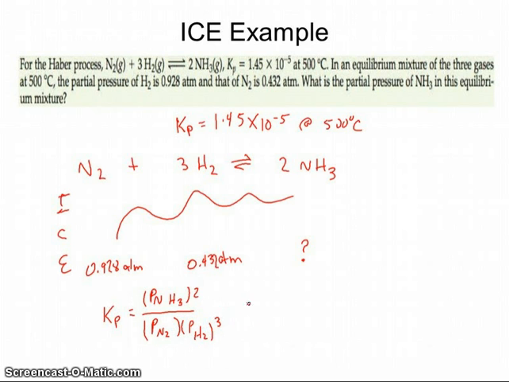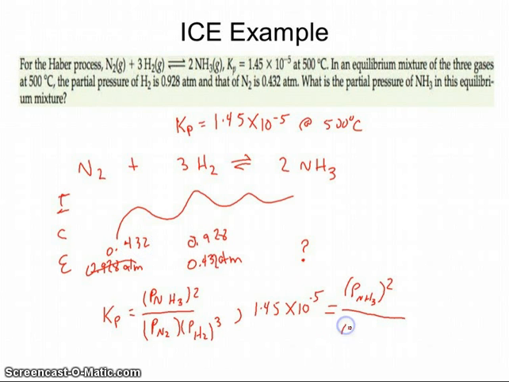Now, I actually have values for this. So I'm going to say 1.45 times 10 to the minus 5 should equal the pressure of ammonia, which is what I want, P NH3 squared, divided by the pressure of nitrogen, which they told me is 0.92. Oops, I did these backwards. This should be 0.928, and this should be 0.432.